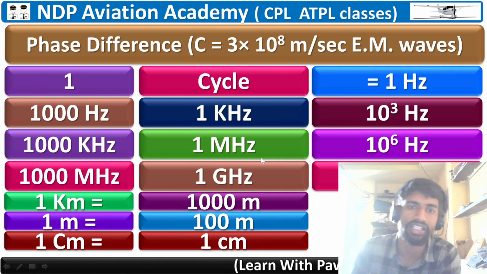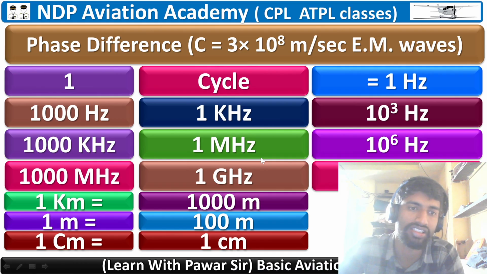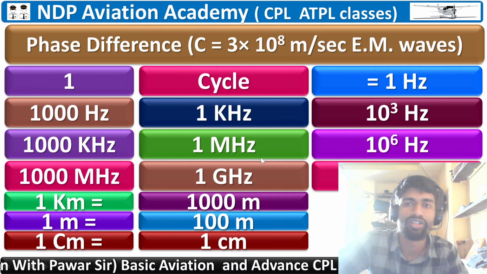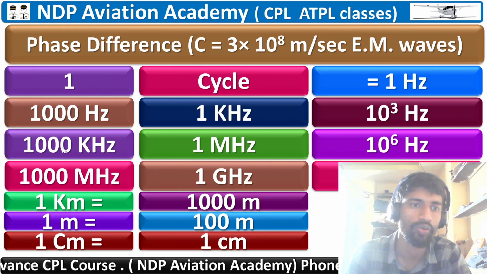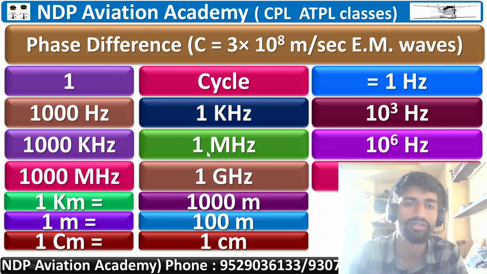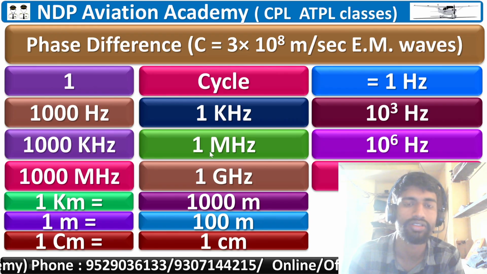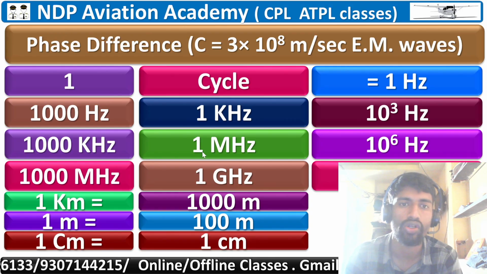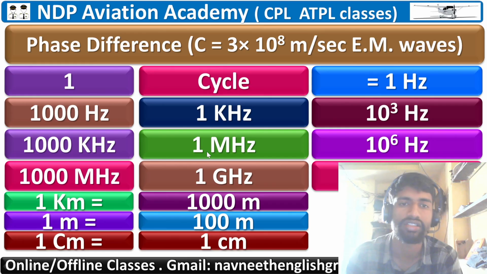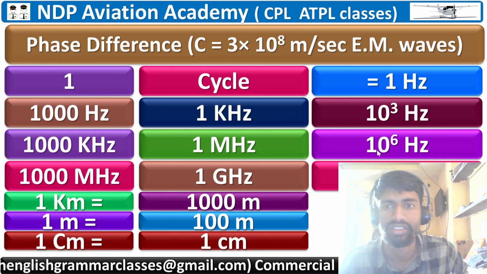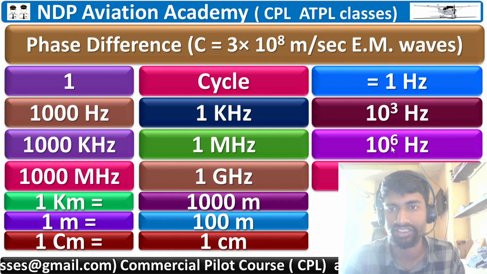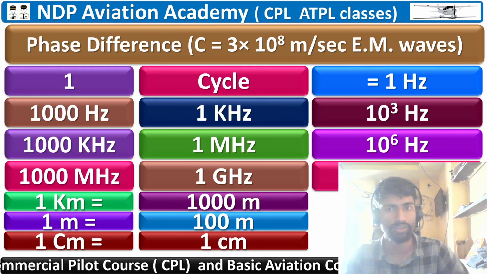1 megahertz, and 1 gigahertz; we already learned all of these things. So 1000 kilohertz, that is called 1 megahertz. In the equation, it is 10 to the power 6 hertz.